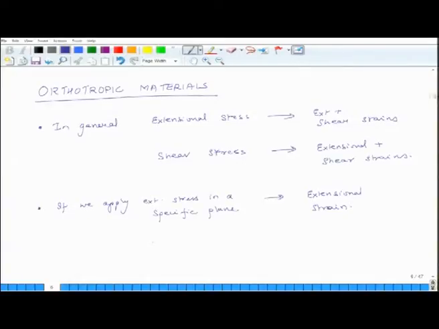And if we apply shear stress in specific planes, then you get only shear strain, and here you get only extensional strain. So, generally they behave as anisotropic materials, but if the load happens to get applied in a specific plane, then you can keep on changing the orientation of the stress in that specific plane only. It will behave as an isotropic material. Let us understand this further.